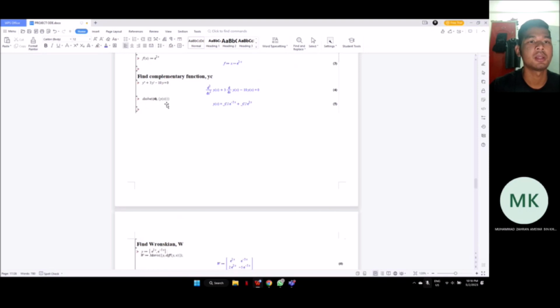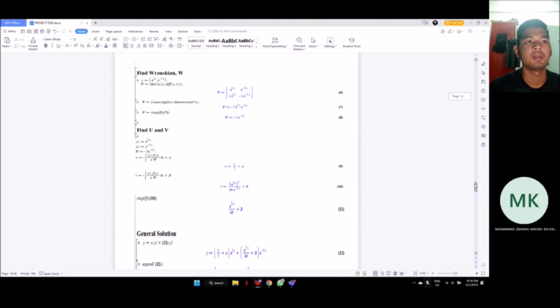This is y s, that's one. And we have to find the wrong n of w. So here is the formula that I use, as in the manual.